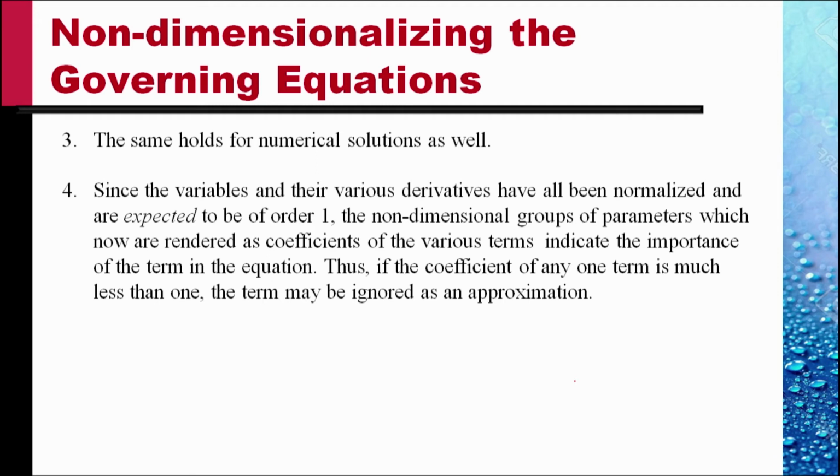Thus, if the coefficient of any one term is much less than the other, that term may be ignored as an approximation. This is an idea that we develop again a few lectures later.